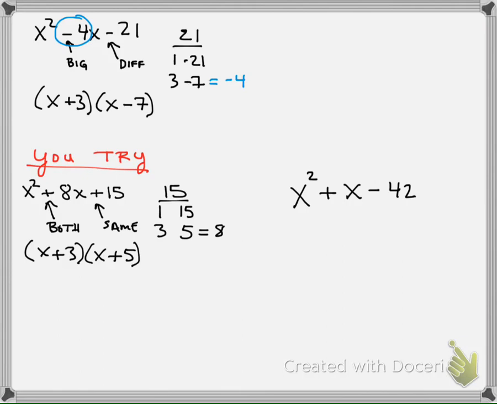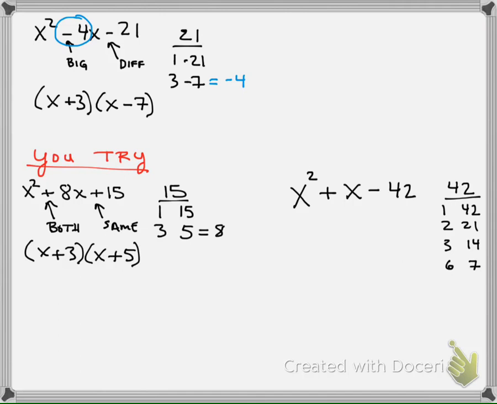All right. Let's try the next one. Here, you're given x squared plus x minus 42. So 1 times 42 is 42. You write the factors of 42, so that's 1 and 42, 2 and 21, 3 and 14, 4 won't work, 5 won't work, 6 and 7, and we're done.